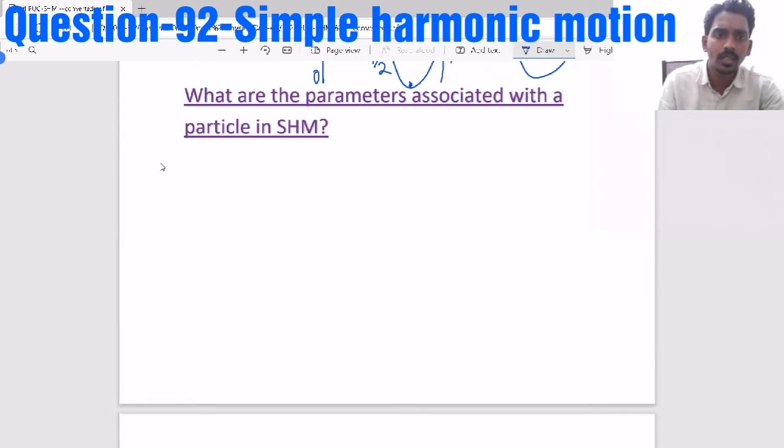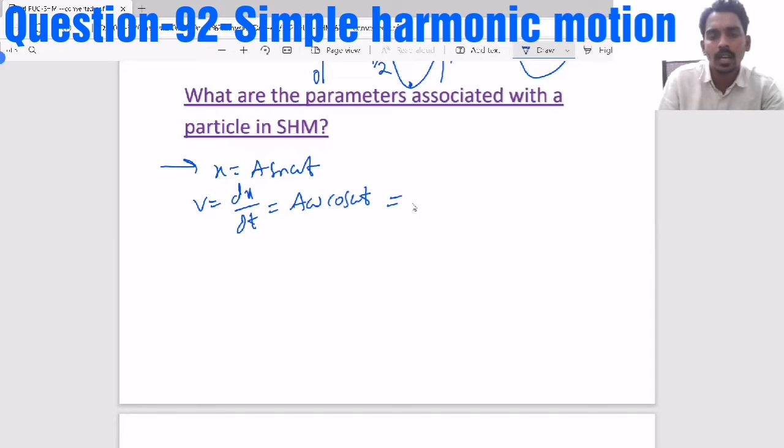Now when you consider simple harmonic motion, where displacement is a sine omega t, then velocity is dx by dt, that means a omega cos omega t. If you substitute cos theta as root of 1 minus sine square theta, it becomes omega root of a square minus x square.